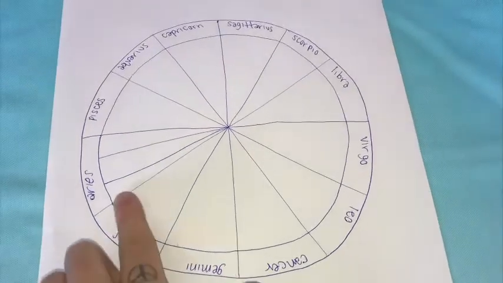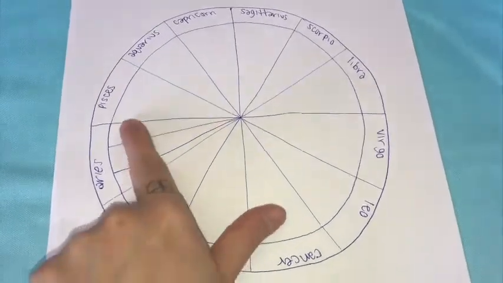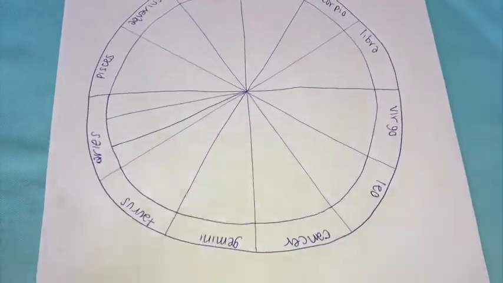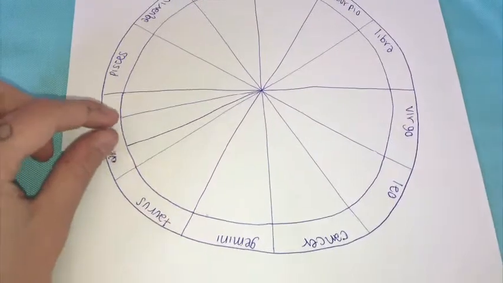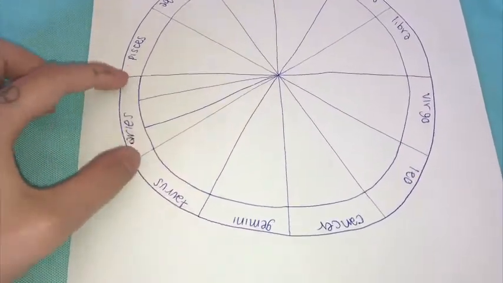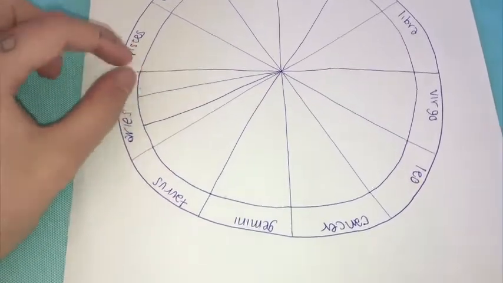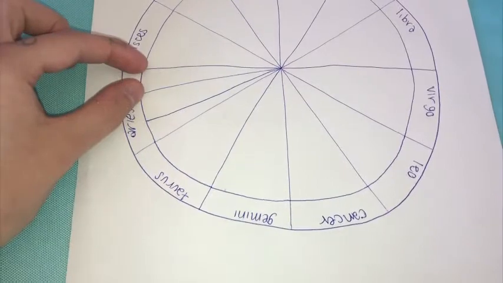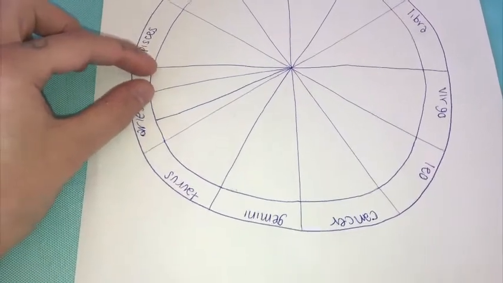Now this is where you can tell I have pretty bad art skills. But I broke up this section of Aries into 3 parts. This is supposed to be 10 degrees each. So this section of Aries gets broken up into 3 parts. The first 10 degrees would be Aries.